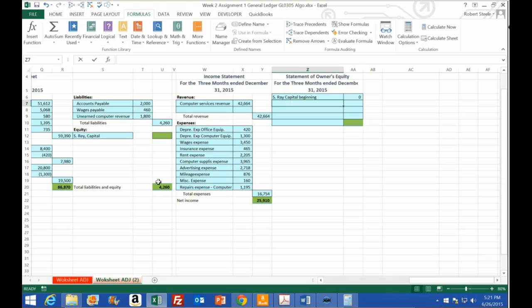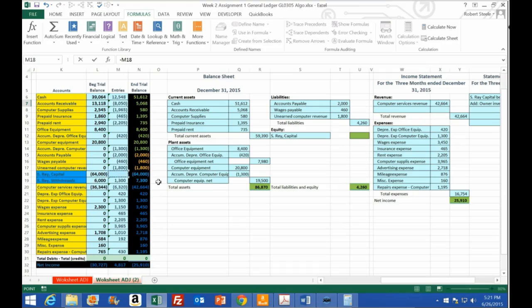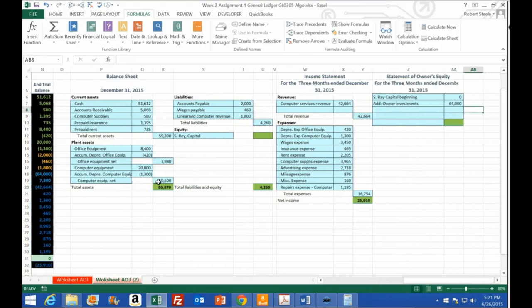Then Ray added, so we're going to add owner investments, and the investment was, and I'm going to put a negative of this number. So the investment is going to increase it, and then we're going to say add, what else is it going up by? It's going to go up by net income, which is what we just calculated.